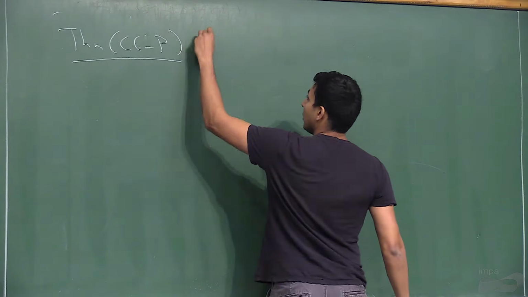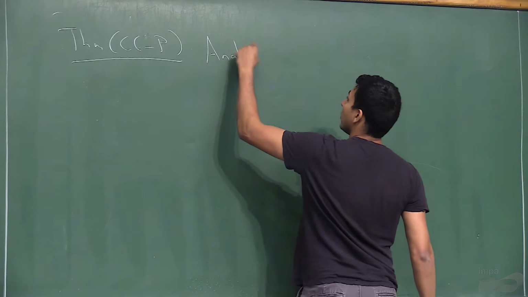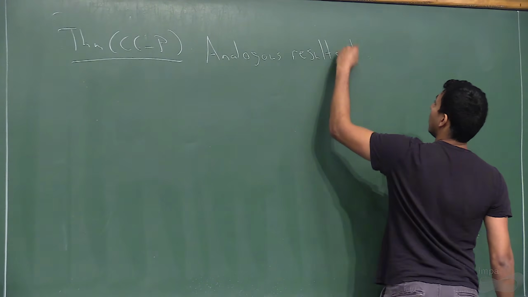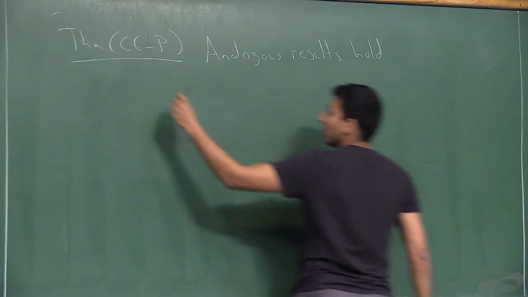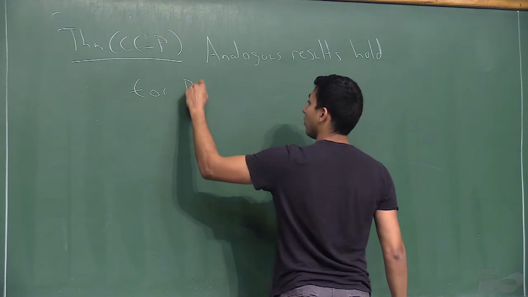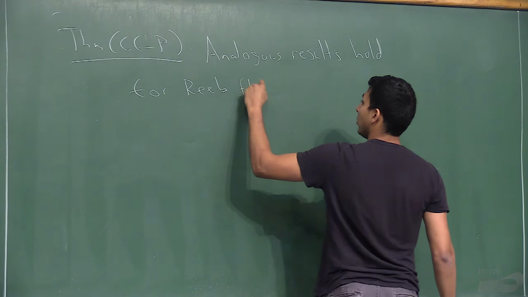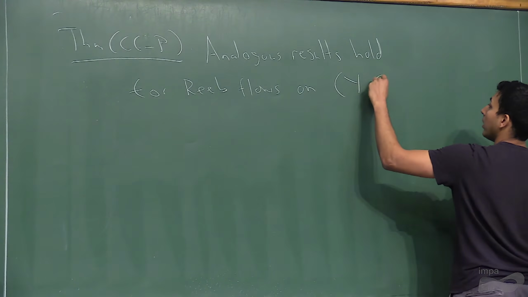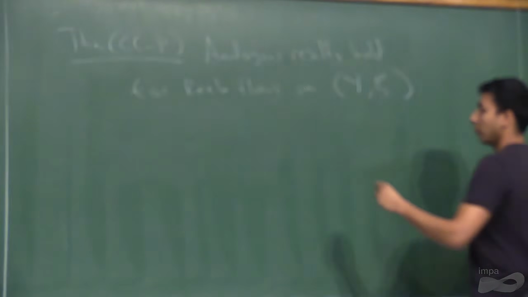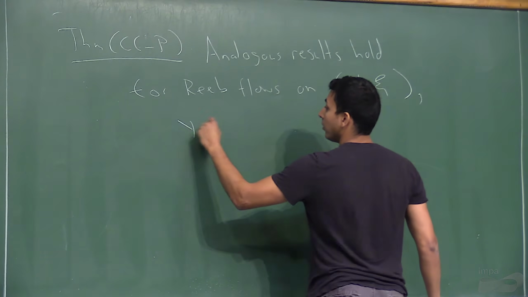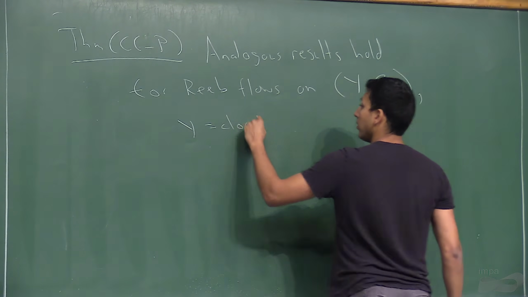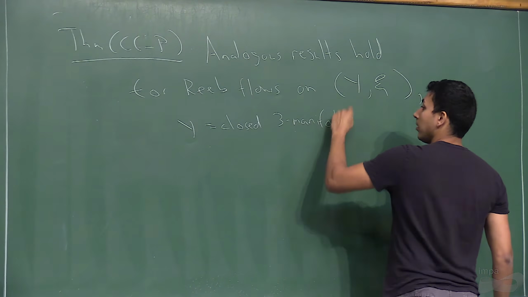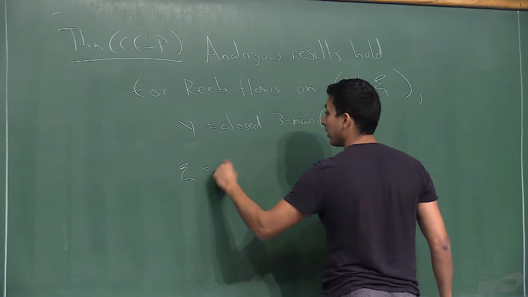Analogous results hold for Reeb flows on (Y, C), where Y is a closed 3-manifold and C is a contact structure.